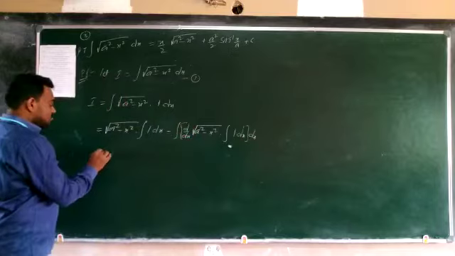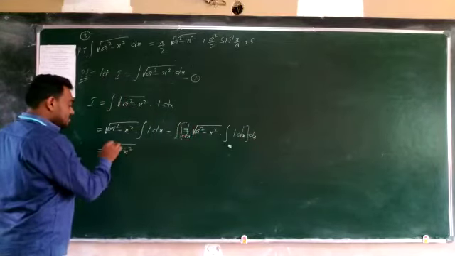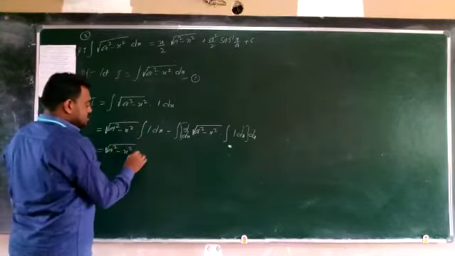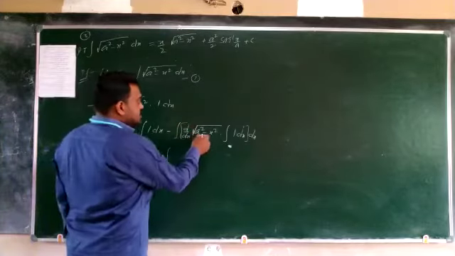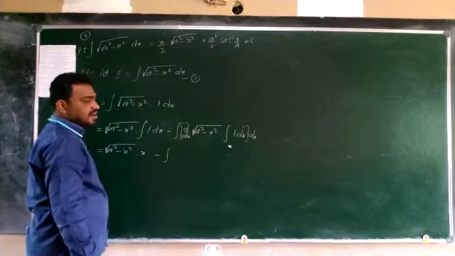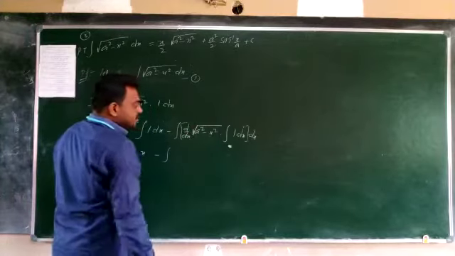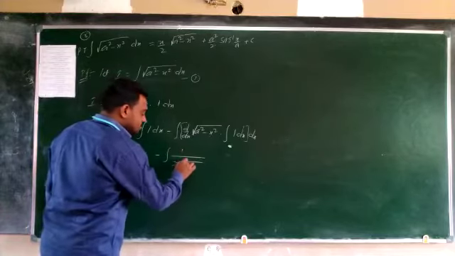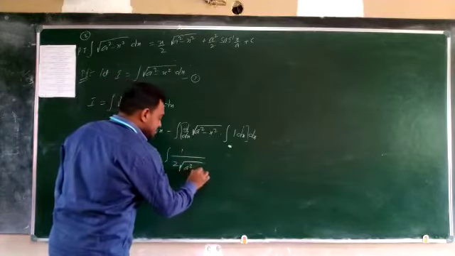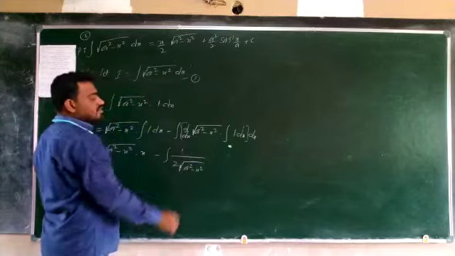So this is equal to square root of a square minus x square, integration of 1 dx is x, minus integration of d by dx of square root of a square minus x square. It is in the form of derivative of root x. Derivative of root x is 1 by 2 root x. So 1 by 2 root of a square minus x square into derivative of a square minus x square.